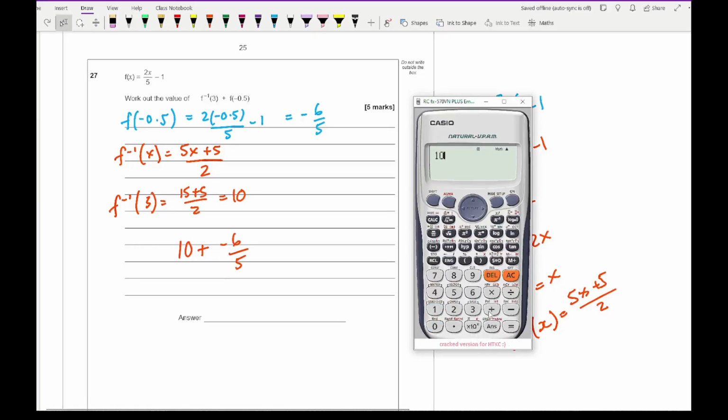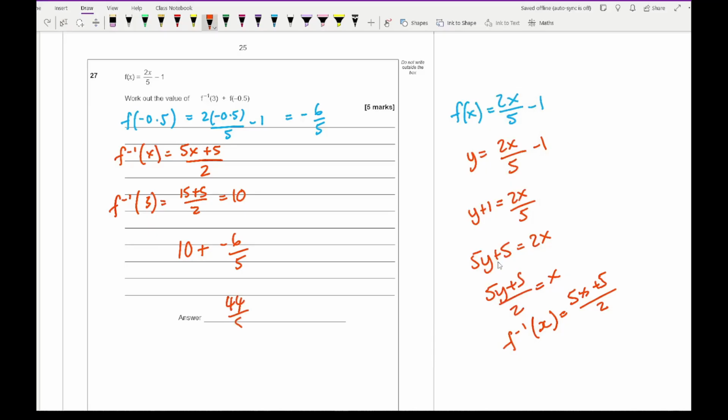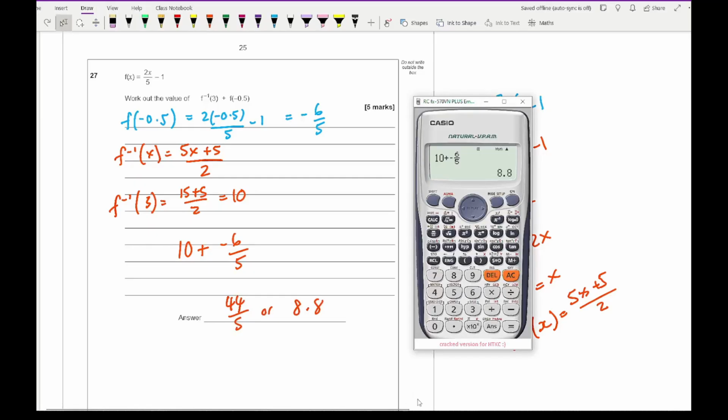I've got 10 plus minus 6 over 5, which gives me an answer of 44 over 5, or 8.8. Let me just double check to make sure that that was correct. Yes, it is. And there is our completed paper.